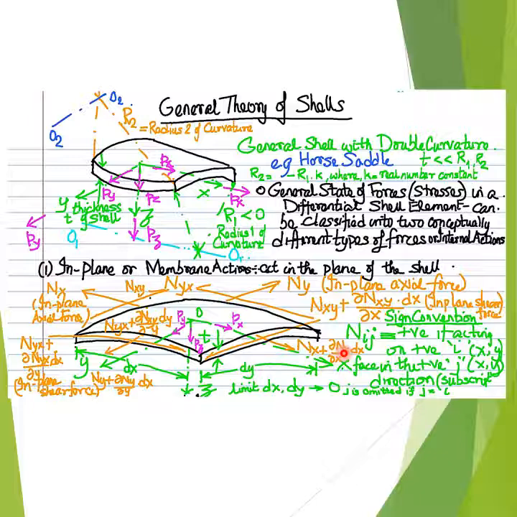And the internal action N denoted as capital N subscript ij is considered to be positive if acting on the positive i face, for example Nx, for N subscript x acting on the positive x face and acting in the positive j direction.